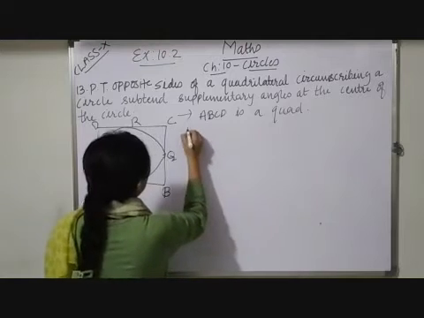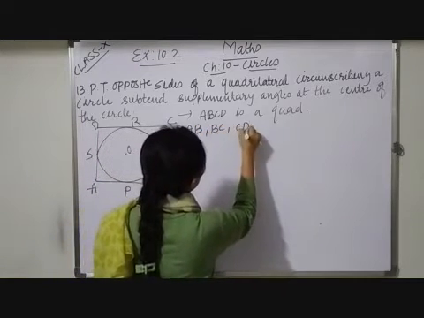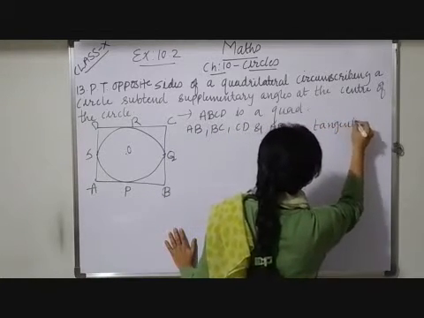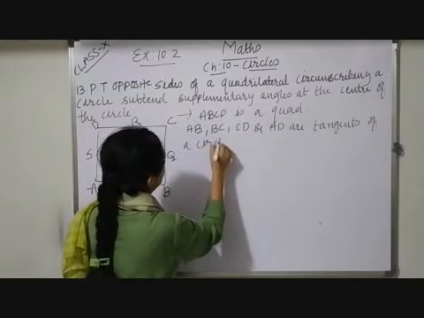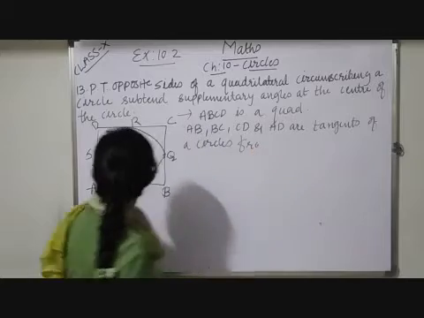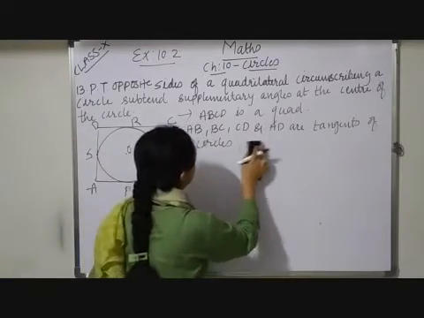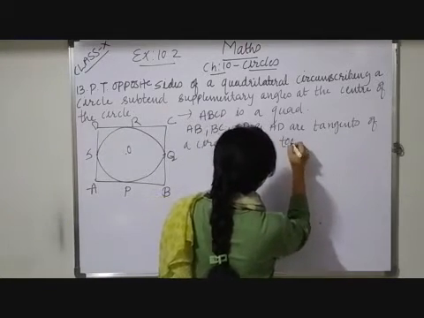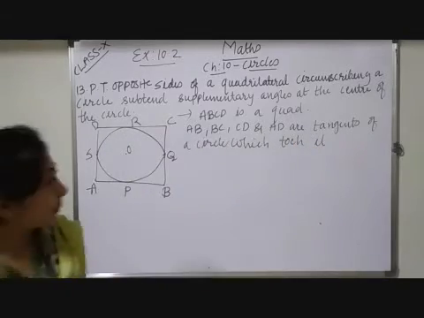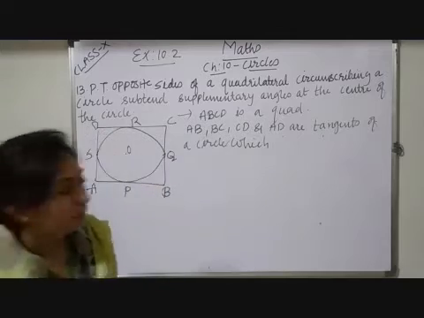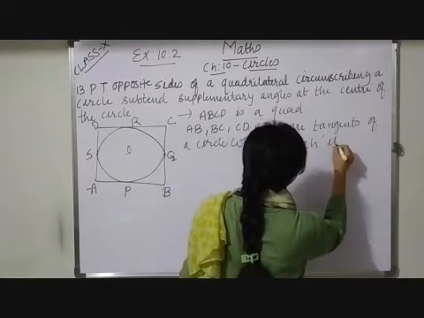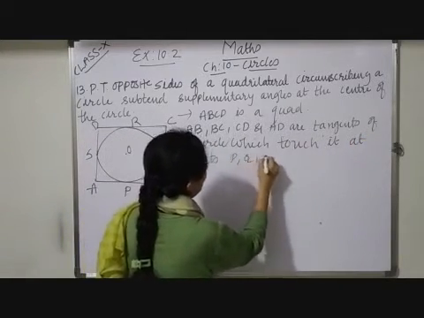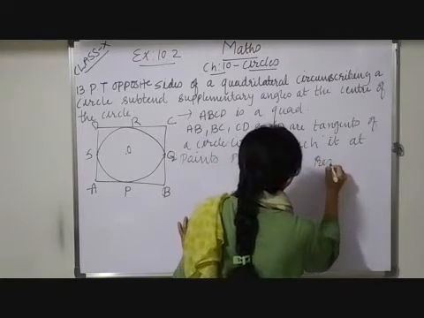So here I can write AB, BC, CD and AD are tangents of a circle which touch it at points P, Q, R and S respectively.